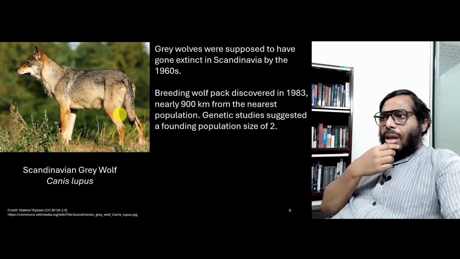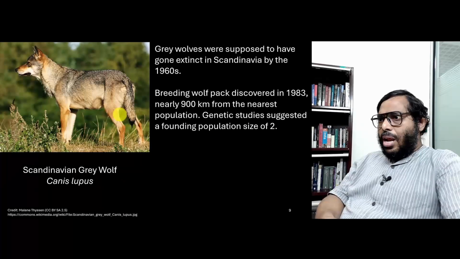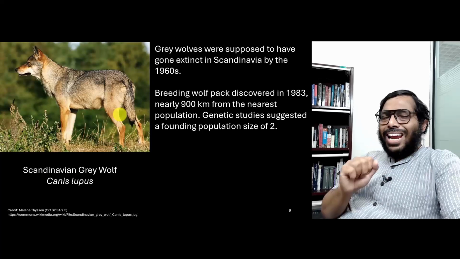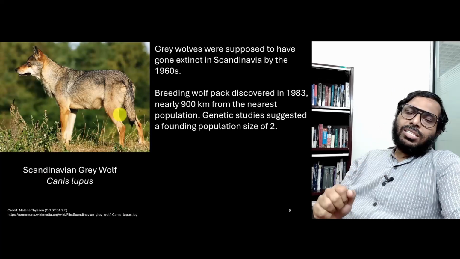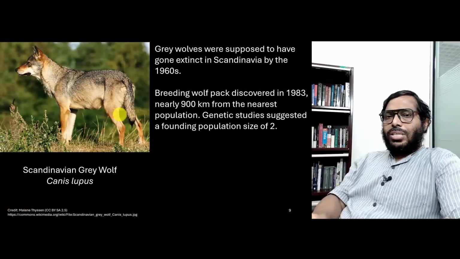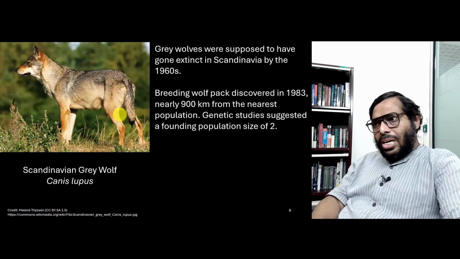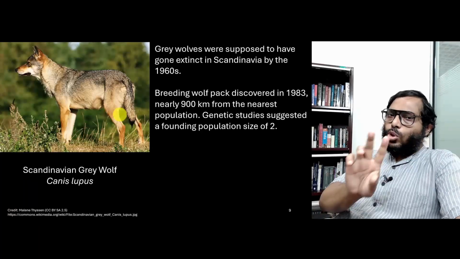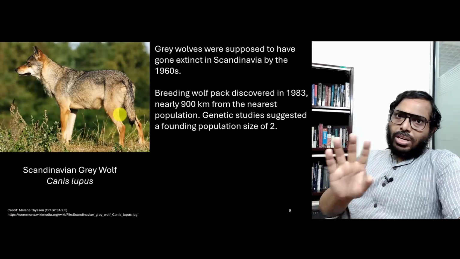However, in 1983, they discovered a breeding wolf pack about 900 kilometers from the nearest population. How it reached there, nobody knows, but the pack was there, and genetic studies suggested that this pack essentially started with just 2 individuals, that is it. Basically one male, one female.